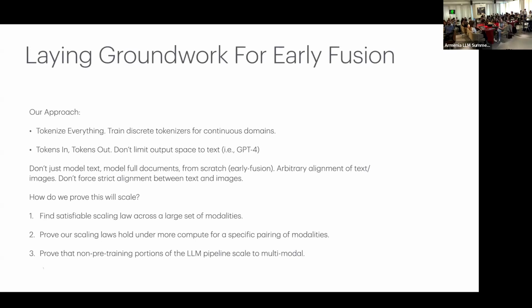Okay, so when we started thinking about this, I think this was in 2023, 2024. The goal was, okay, we want to pick the very simplest method that we can that actually scales up for multimodal training. And around this time, we didn't want to deal with the very continuous nature of images.